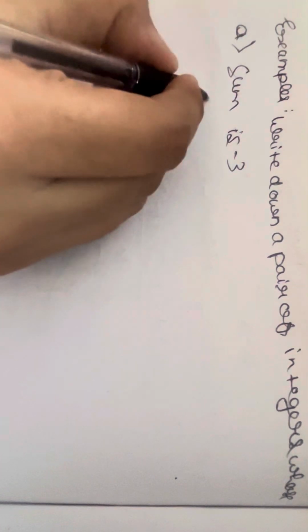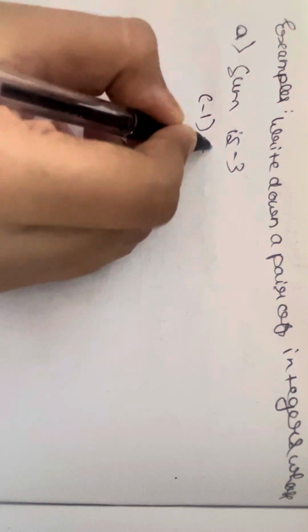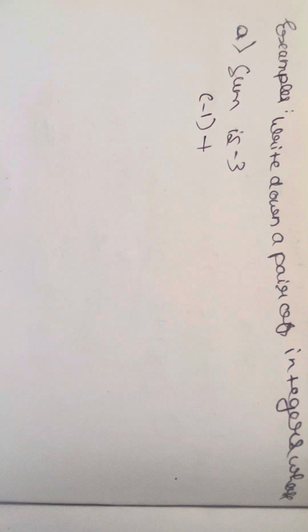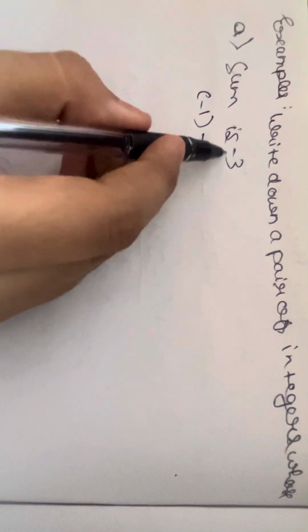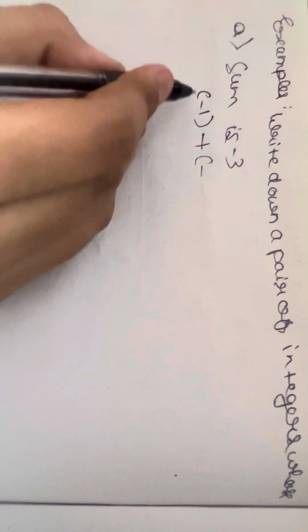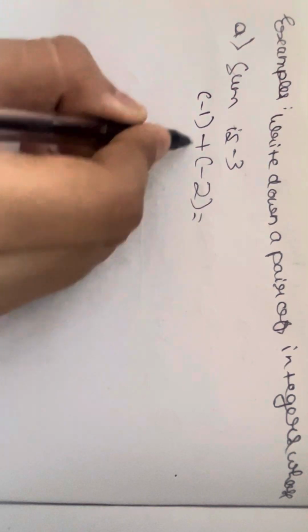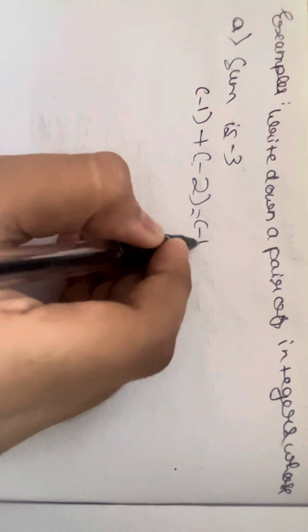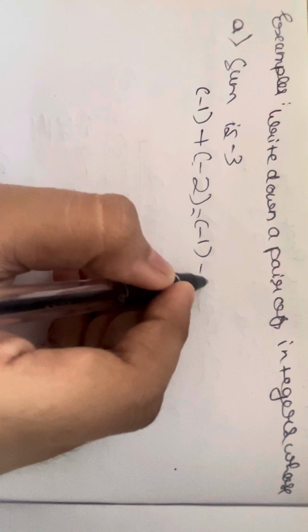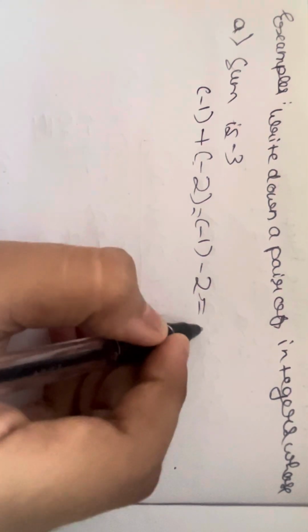Basically we think that 1 plus 2 is 3, right? So here we have to get minus 3. So minus 1 plus minus 2, so the answer would be minus 3.